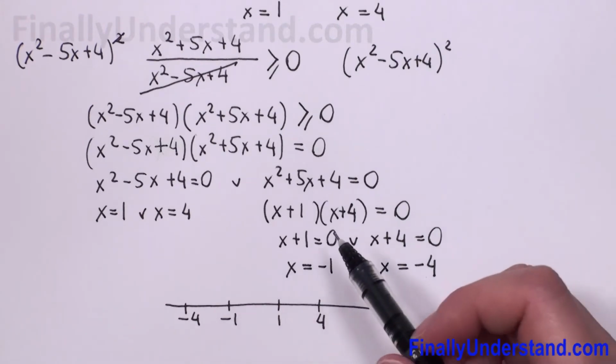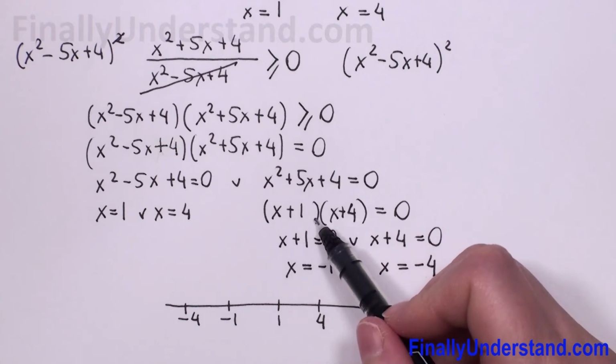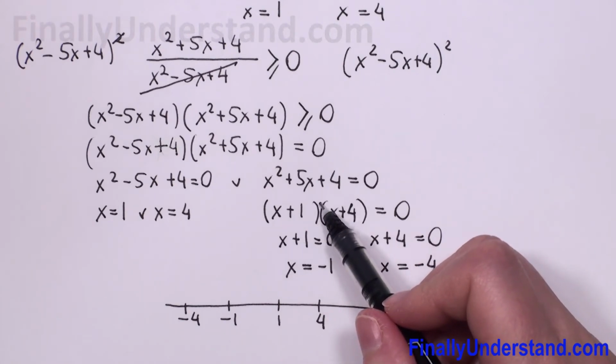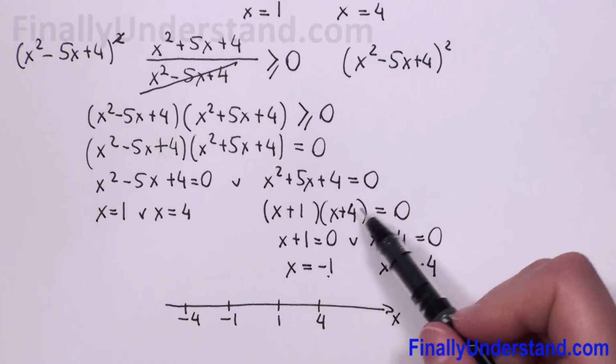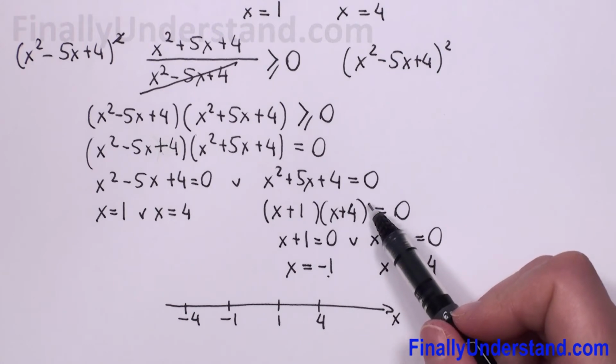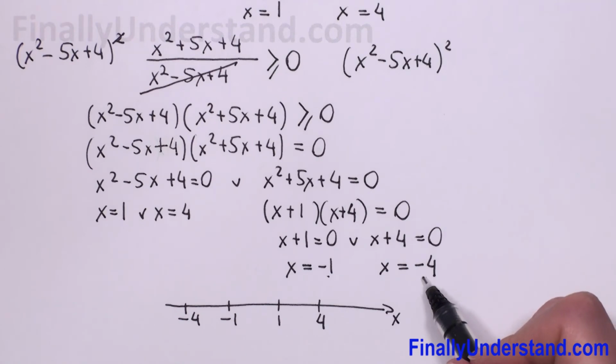We see that we have the content of this parenthesis raised to the first power. It means negative 1 repeats 1 time. The same is with x plus 4. The power is 1. It means negative 4 repeats 1 time.